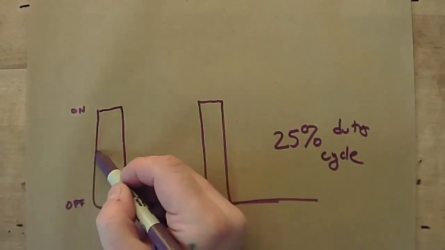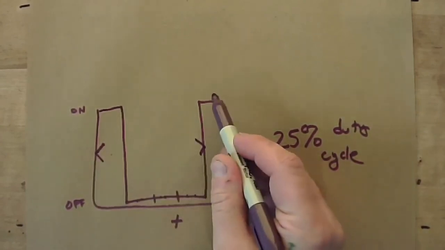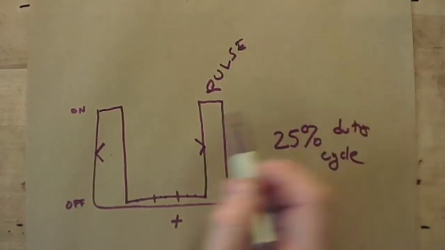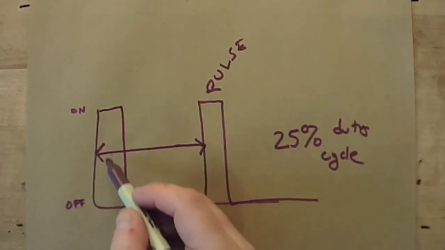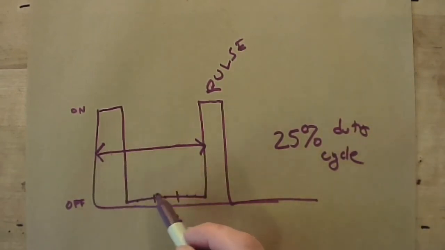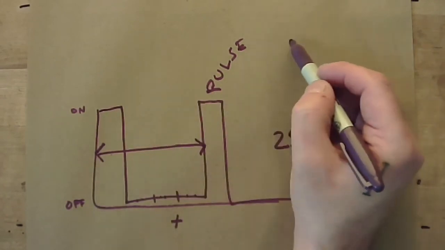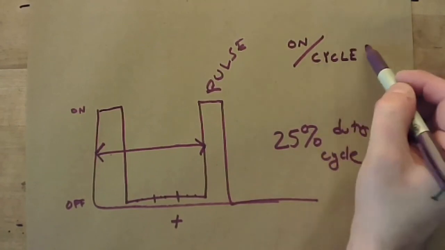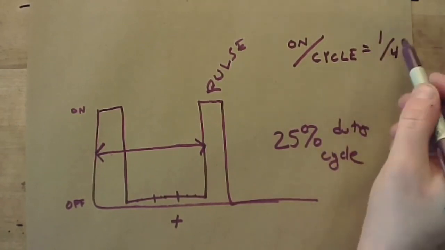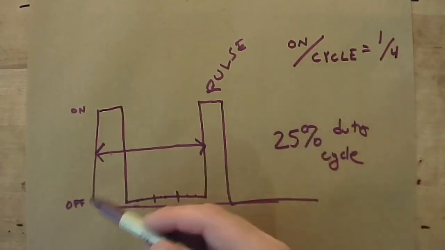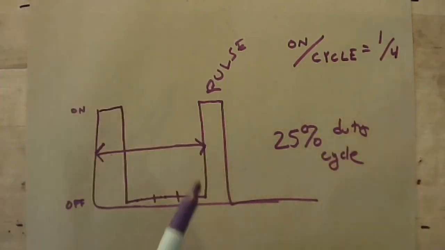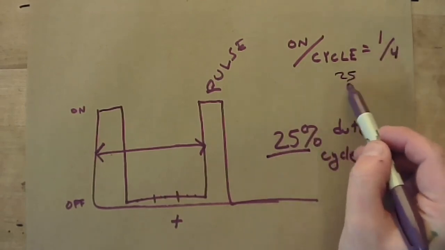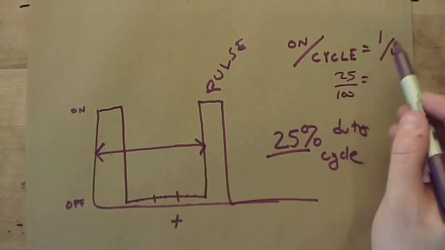Because the cycle goes until our next pulse, and if we look at this, there's 1, 2, 3, 4. So the ratio of on to cycle length is 1/4. It's on 1/4 of the time. 25% is the same as 1/4, 25 over 100 is equal to 1/4.